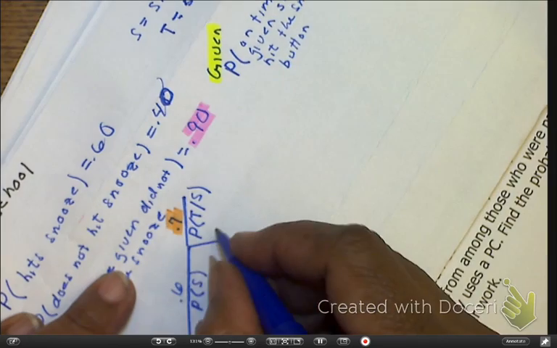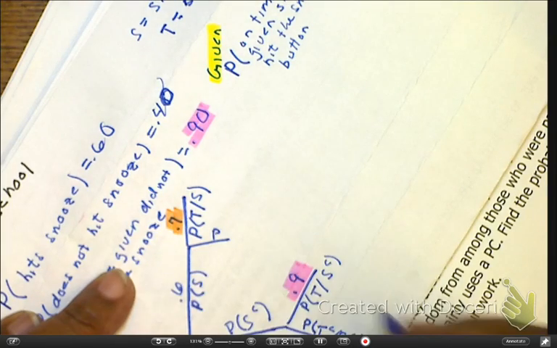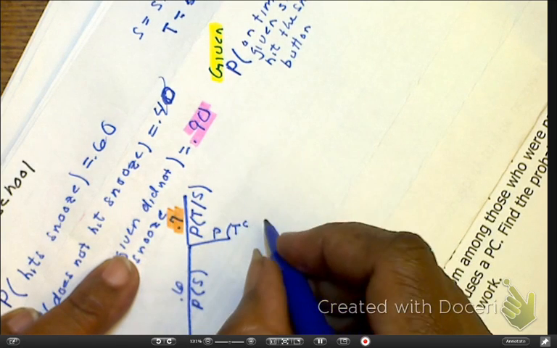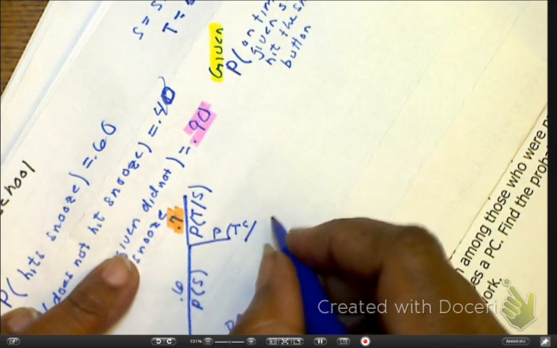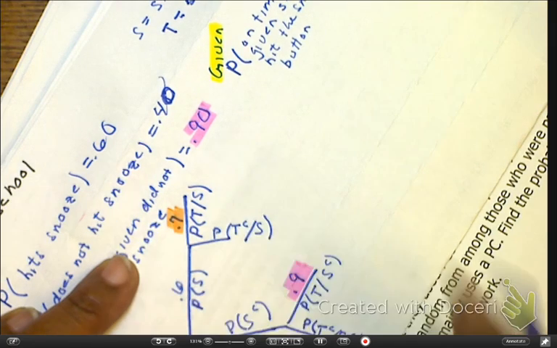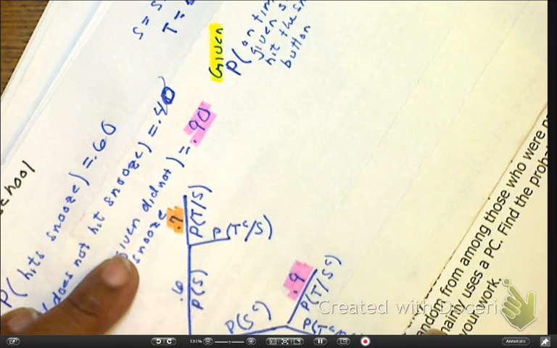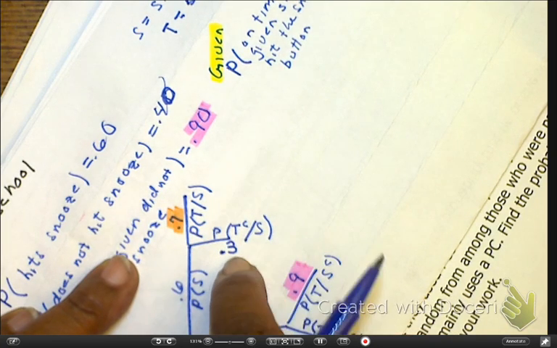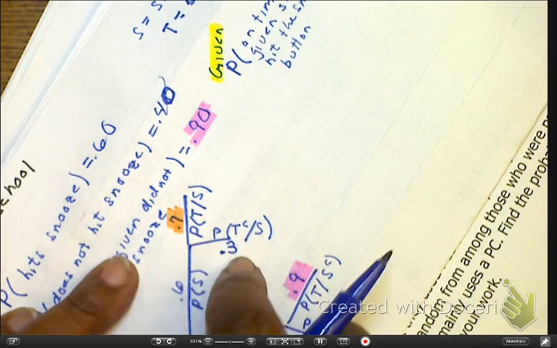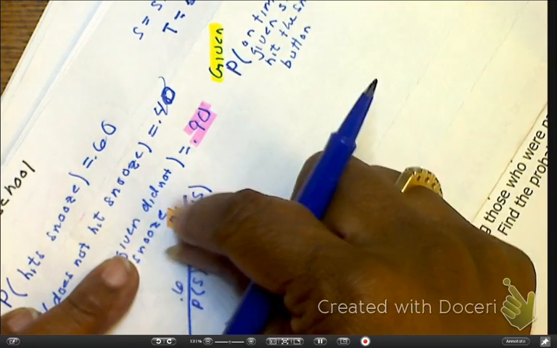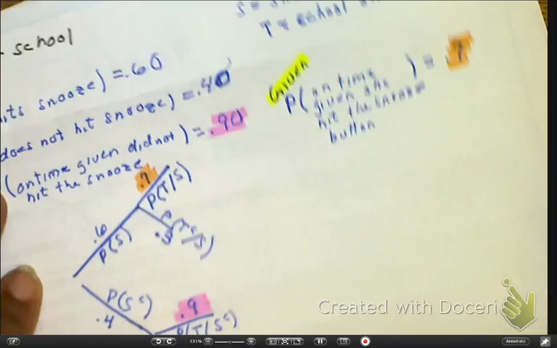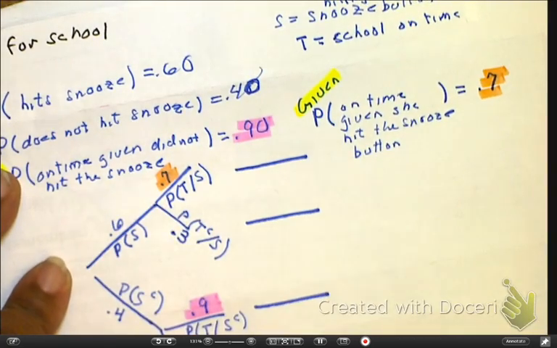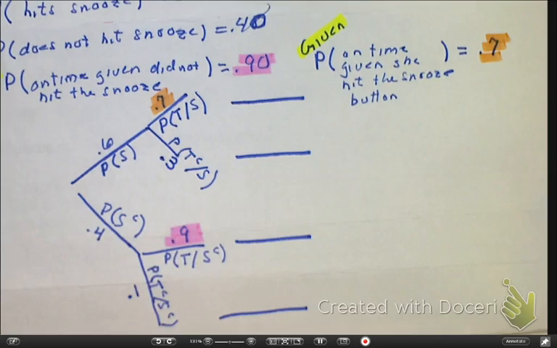Now remember, we can't forget about its complement. So we've got the probability of not getting to school on time given that she hit the snooze button. And we know that's the leftover 30% because that plus that gives you 100. Remember, the inside branches give you a total of 100. Now, let's get into math mode.